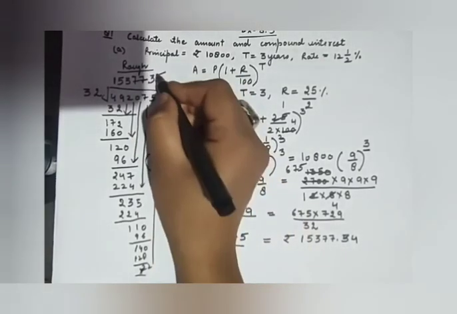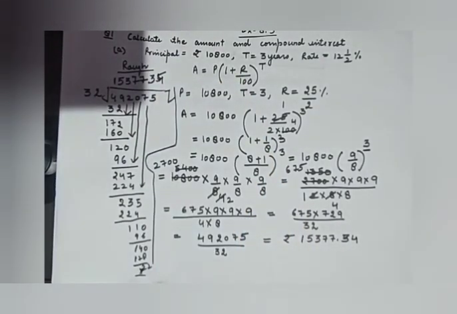So it means whenever I am depositing my principal as 10,800 at a rate of 25 by 2% and time 3 years, I will be getting back 15,377.34 rupees.